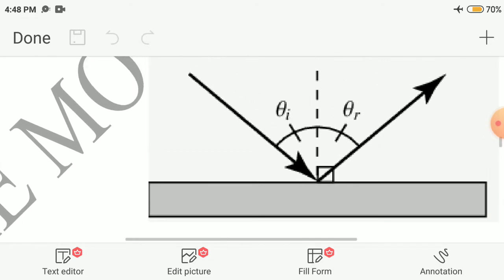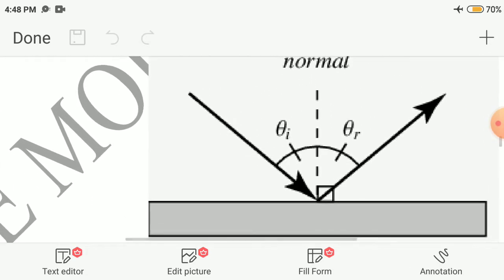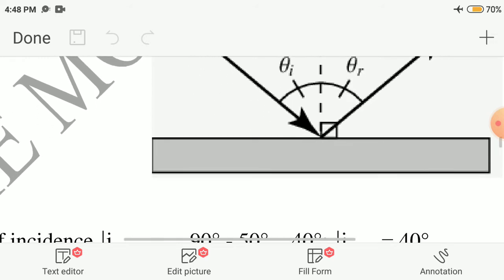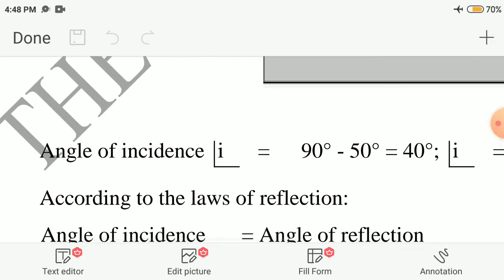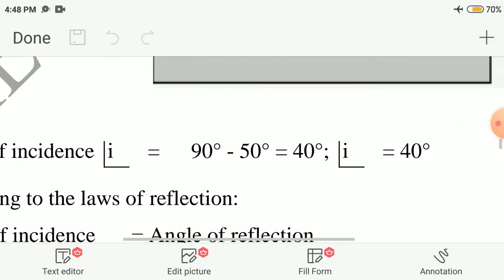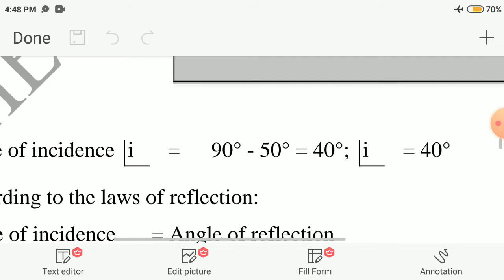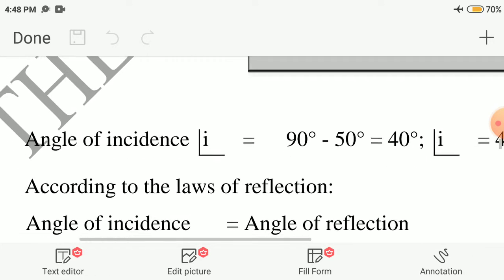Normal first. Normal, which one? The center line. Here QI is the incident ray. QR is the reflected ray. Here you see the picture. Angle of incidence i equals 90 degree minus 50 degree equals 40 degree.